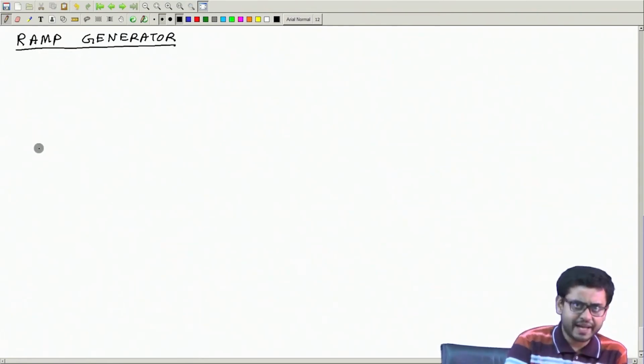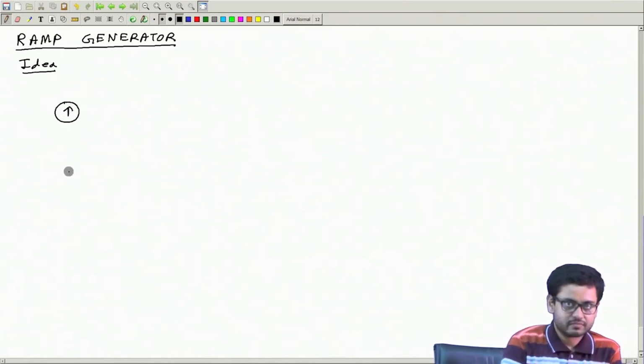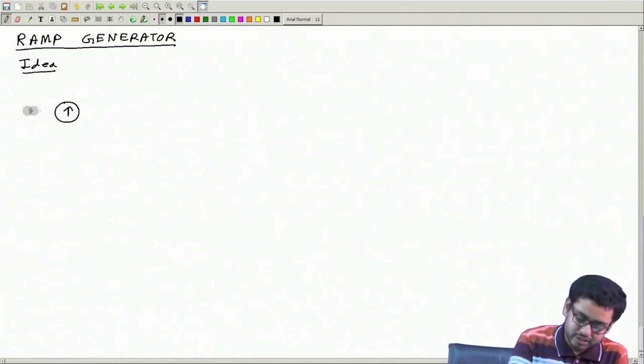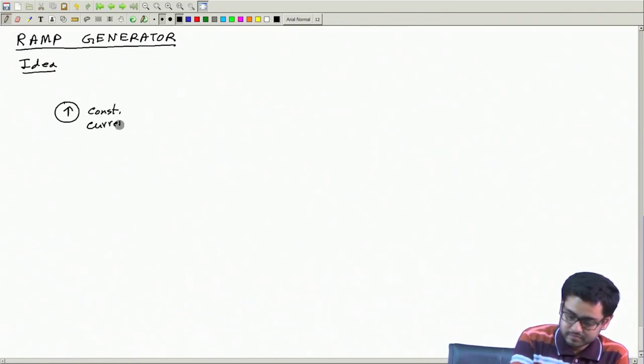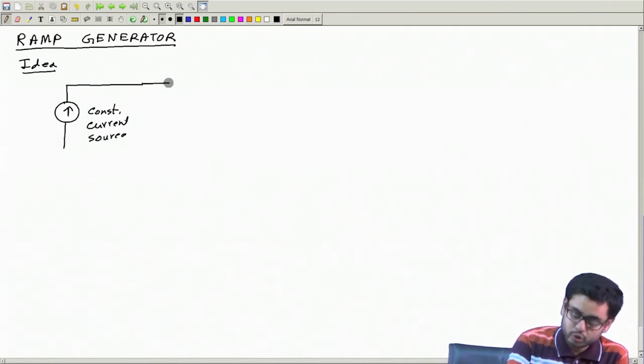Let me first tell you the idea, the block diagram, schematic, then we will go into detail. The idea is that we will take a constant current source, and this we will use to charge a capacitor.